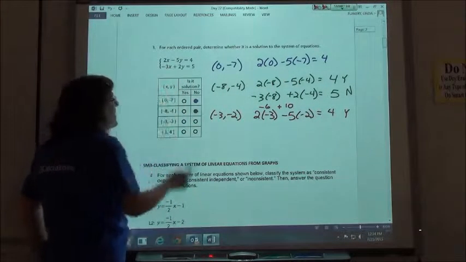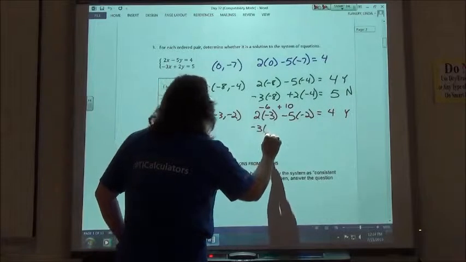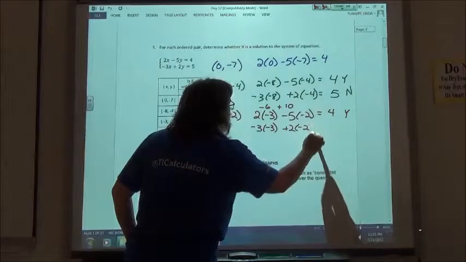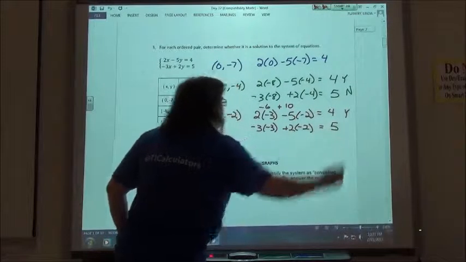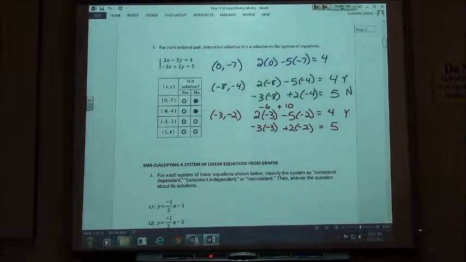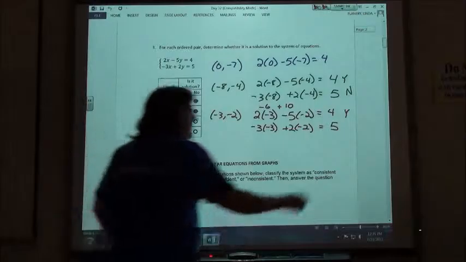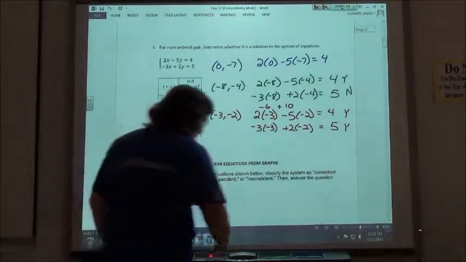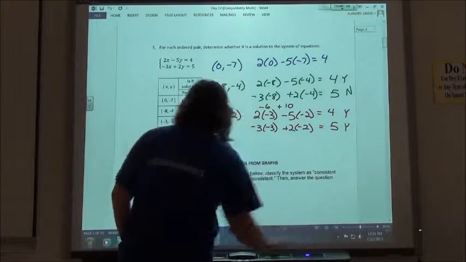Putting that into my second equation. Negative 3 times the x value of negative 3 plus 2 times the y value of negative 2. Do we get 5? Yes, we do. So we got a yes and a yes, which means we get a yes. And the last point, 1, 4.